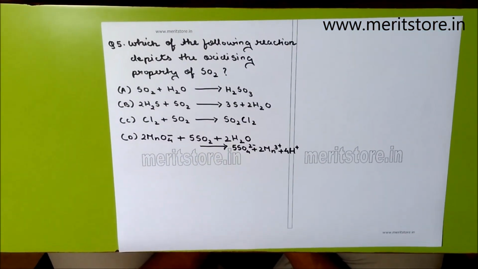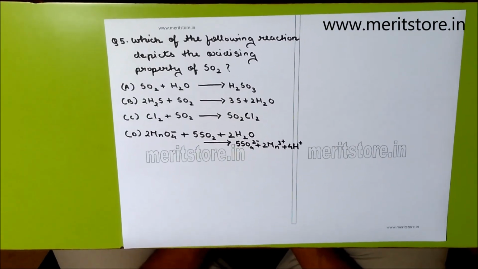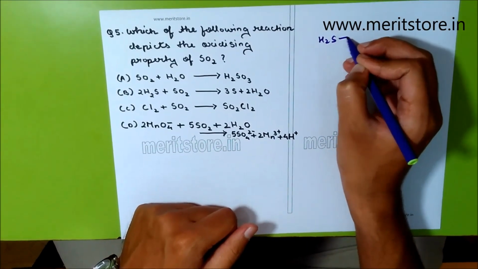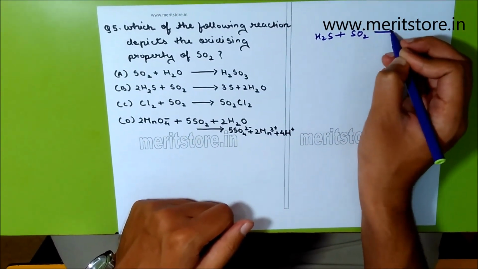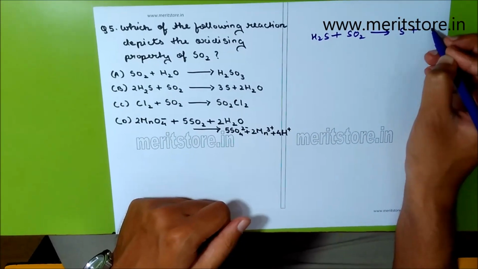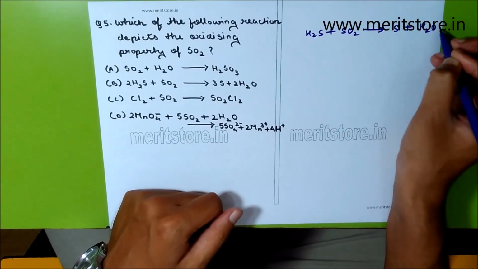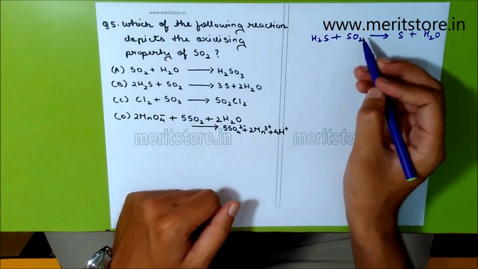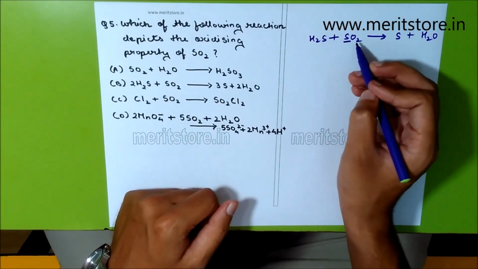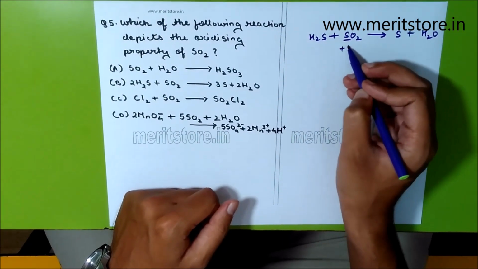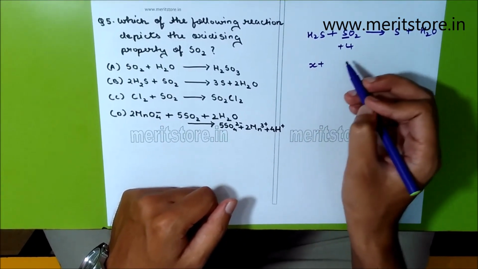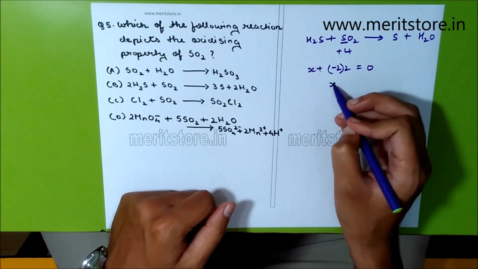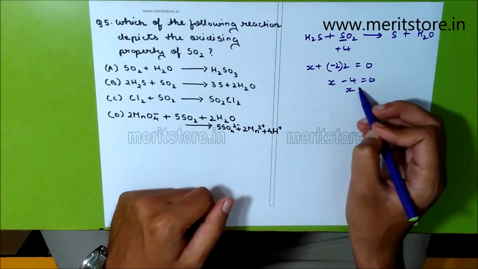Which of the following reactions depicts the oxidizing property of SO2? Okay, of all the reactions, H2S plus SO2 gives sulfur plus H2O. It is an unbalanced reaction in which the oxidation number of sulfur in SO2 is plus 4. We can find this as X plus oxidation number of oxygen, which is minus 2, so X minus 4 equals 0, X equals 4.